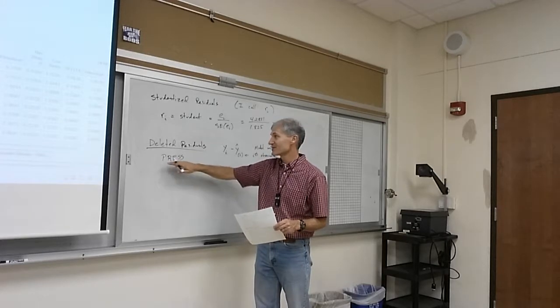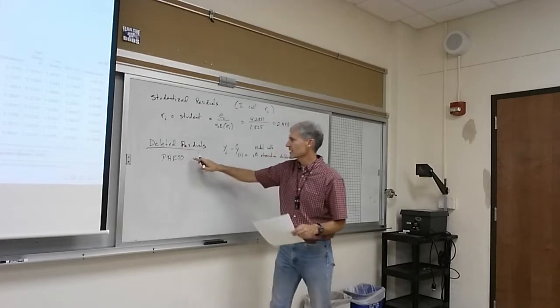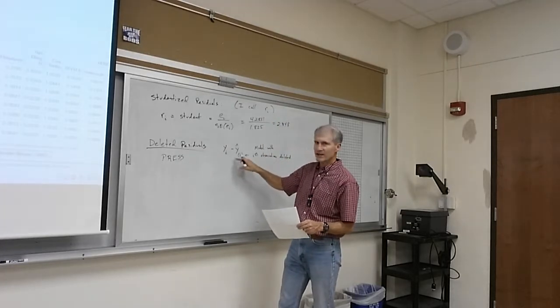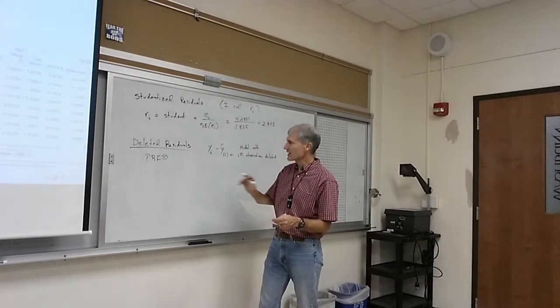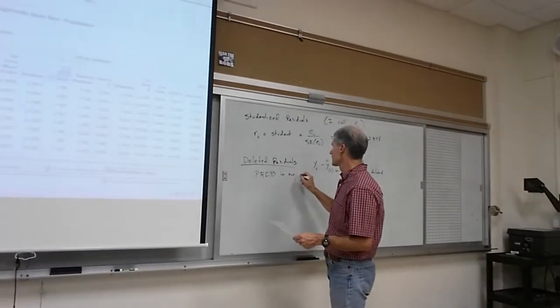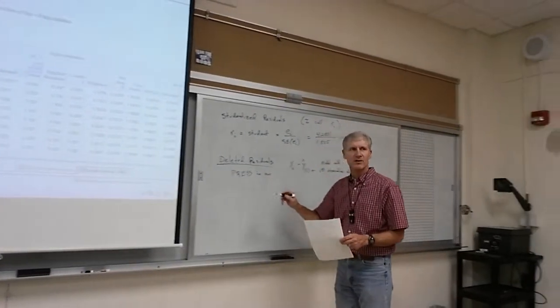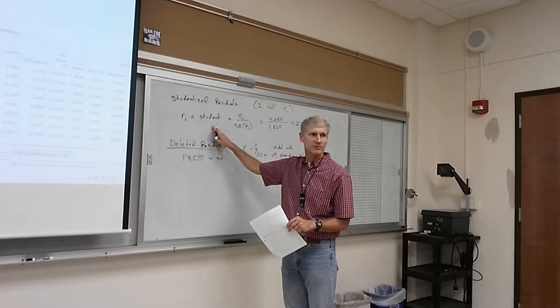It's the error sum of squares, and our author's using that word for an error for just one individual. So I don't like the fact that he calls it PRESS, but you need to know when you're reading the book that he's talking about what we call the deleted residual.